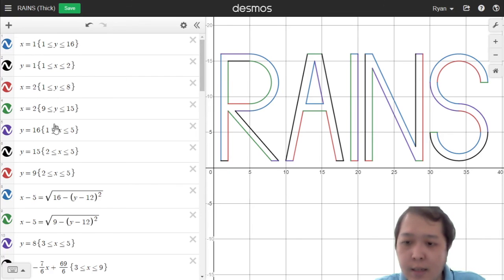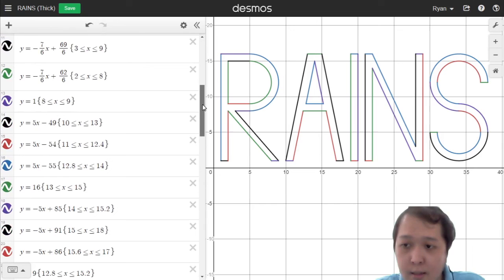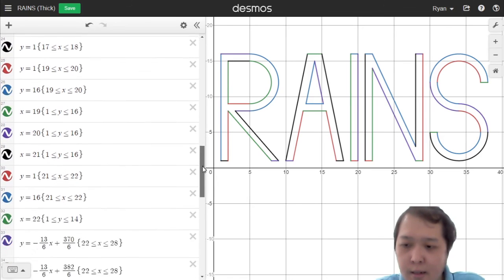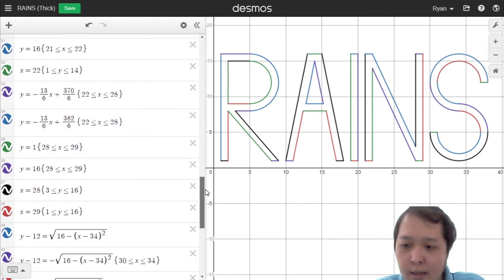That's 1 until 10 here, and then 11 until 20 here, ugly equations, and then we have 21 until 30 here, a lot of straight lines, and here 30 until 40.